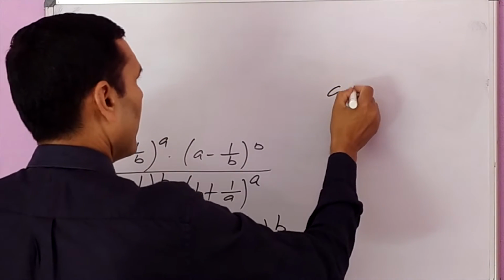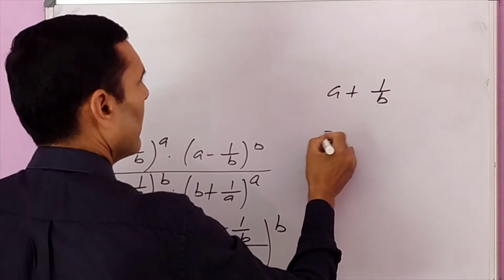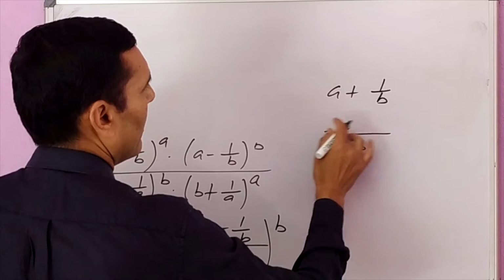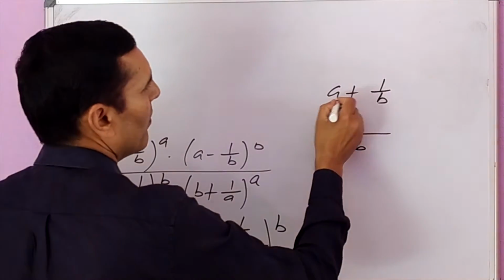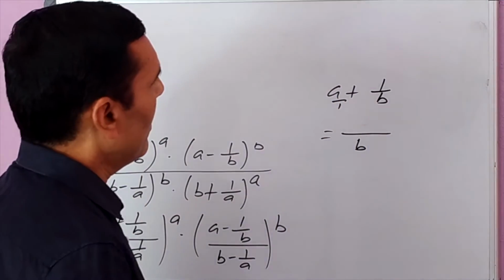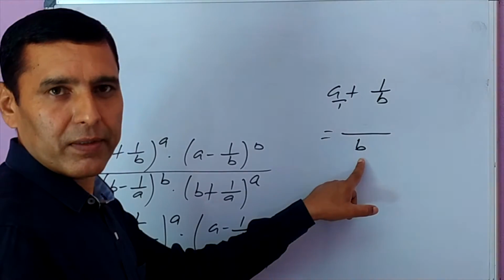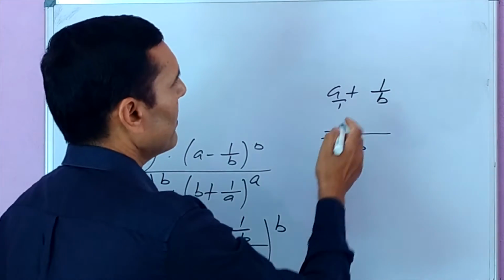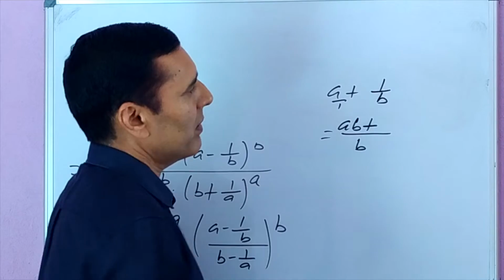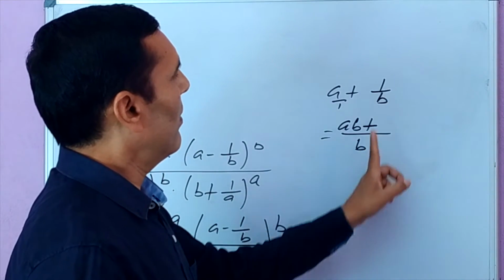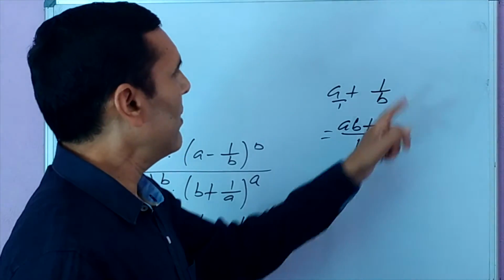So what is a plus 1 upon b? So this is b LCM. When you take b as the LCM, what is the denominator of a? 1. When the LCM is divided by 1, b into a, it is ab. And plus, b is divided by b, 1 into 1, it is 1.